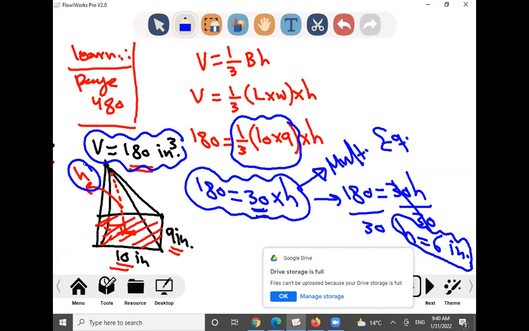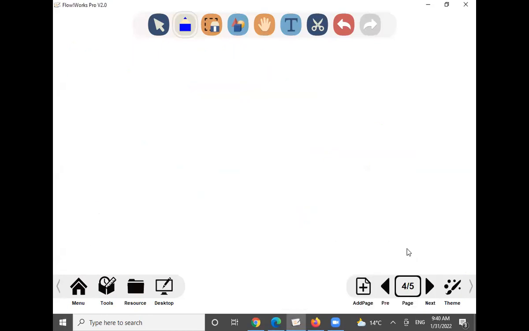Example 4. Now let's see example 4. We are in example 4, page 481. What's the figure in front of you? Who can tell me the name of this figure?